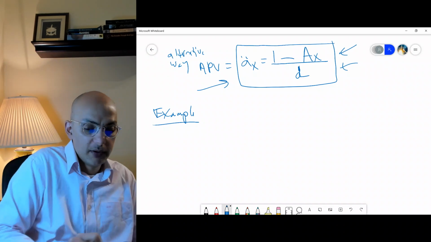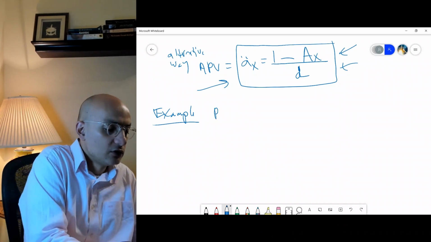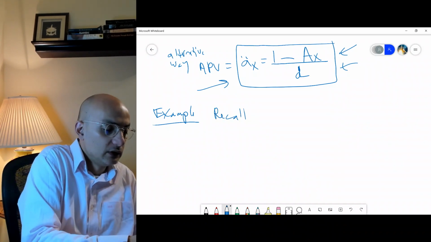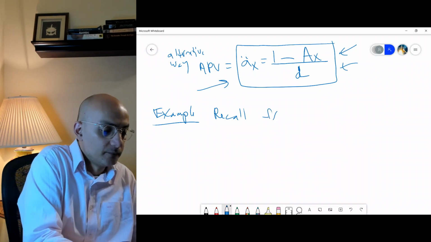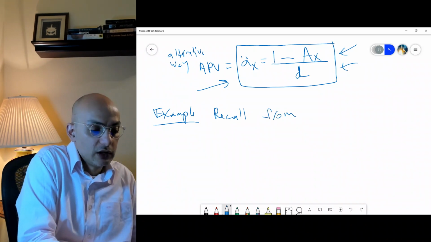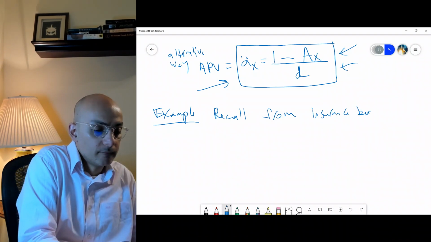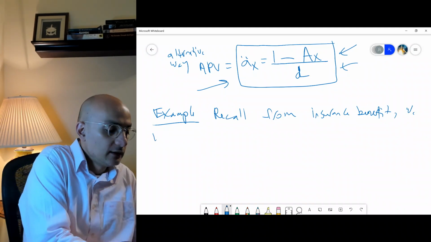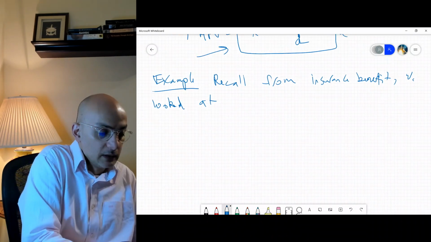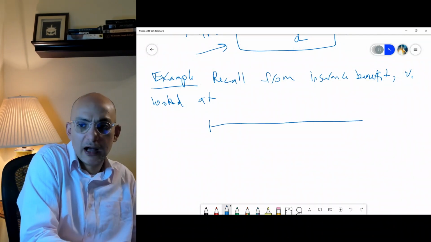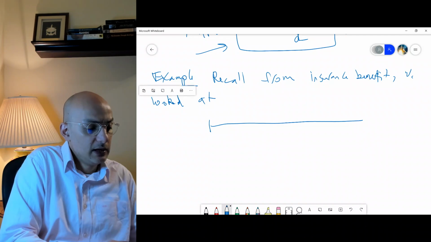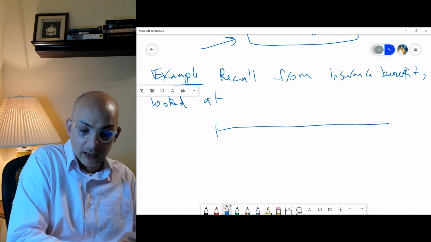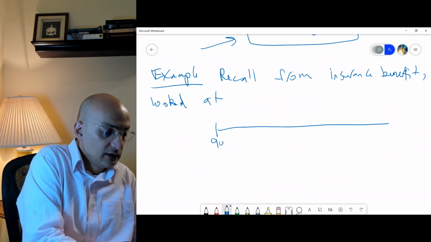I want you to recall from when we talked about insurance benefit, we looked at this example. If you remember, we have a cohort of 90 years old.